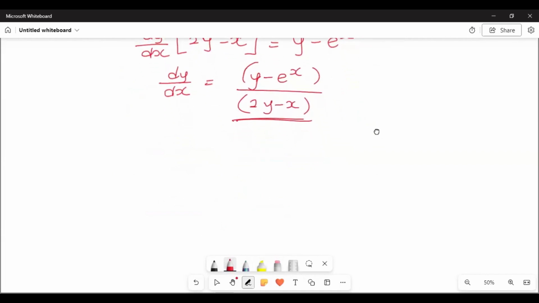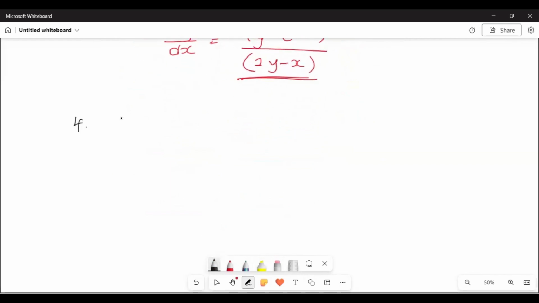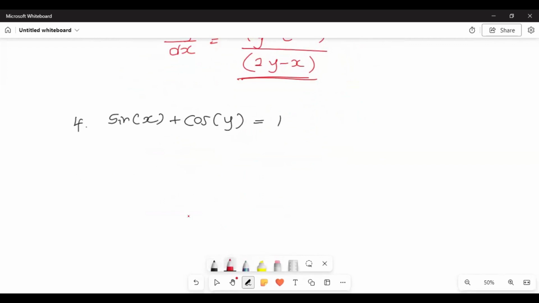Okay. So the fourth question. sin x plus cos y equals 1. For this one, sin x is cos x after differentiating.